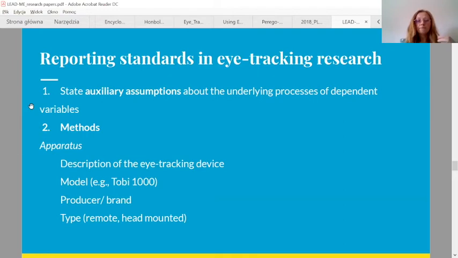So basically, what are these auxiliary assumptions? Whenever we measure something with eye tracking, it's not a direct measure of anything. It somehow has to be linked with the cognitive process behind it, or with some kind of result that we hypothesize about, right, or process. So we need to state that.